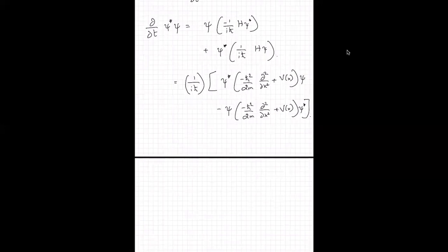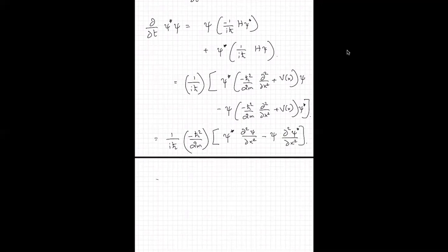So this whole thing boils down to 1 over i h bar, if I get the signs correct, times minus h bar squared over 2m times psi star d squared psi dx squared minus psi d squared psi star dx squared.